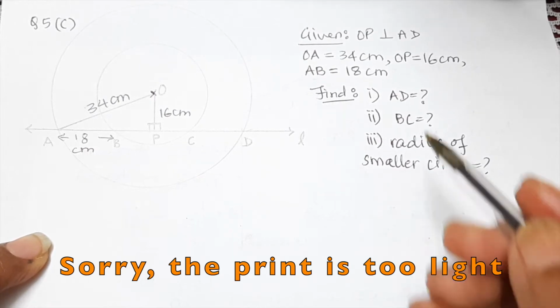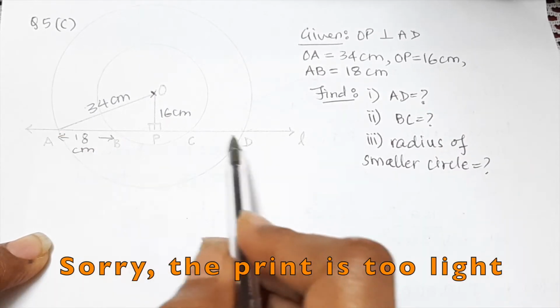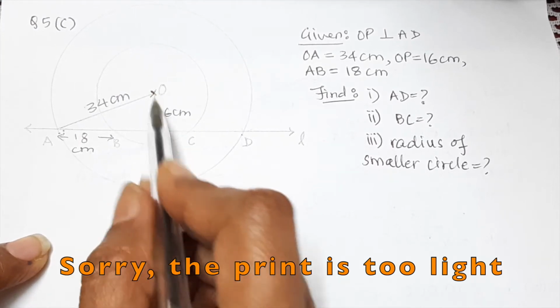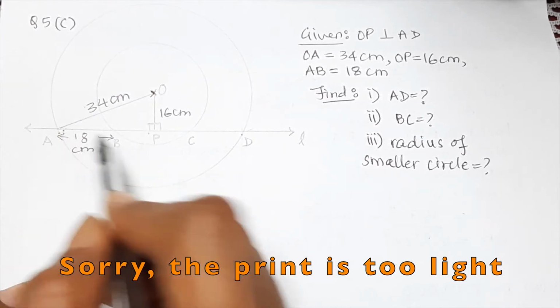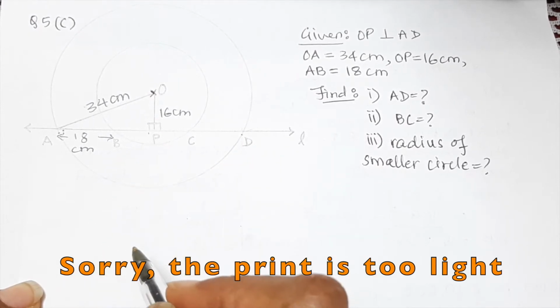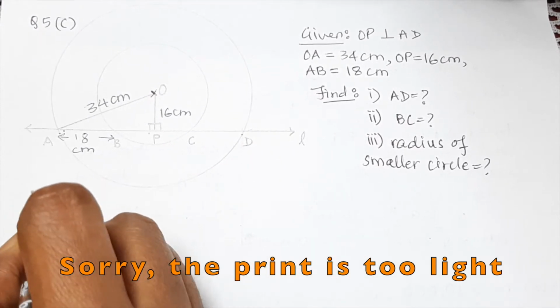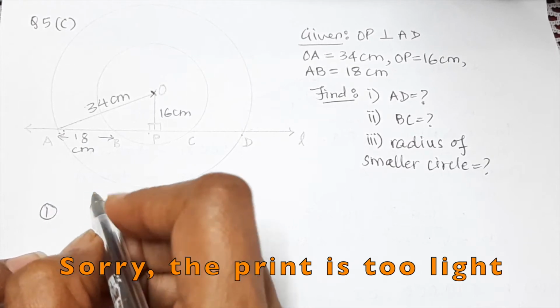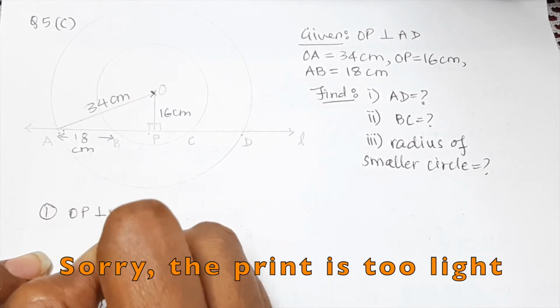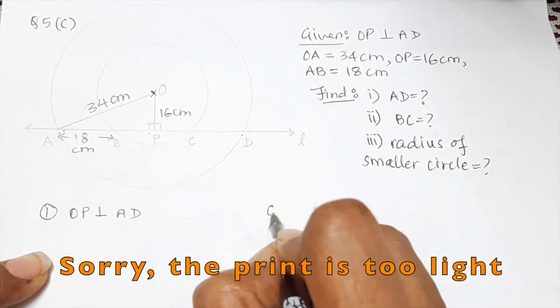Okay, now we have to find AD. AD is going to be twice of AP. Reason, OP is perpendicular to AD, and therefore the perpendicular from the center bisects the chord. So we shall write just that in our first statement. We will say that OP is perpendicular to AD, and that is given.